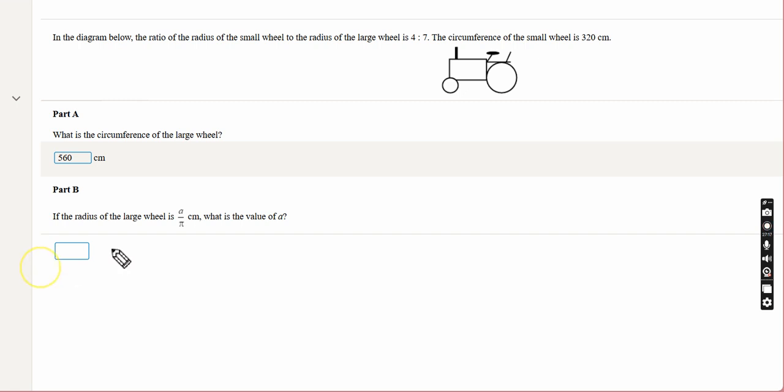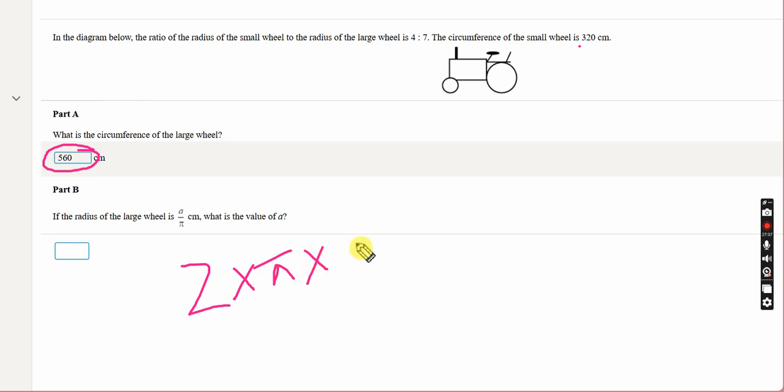The next one, let's understand. If the radius of the larger wheel is a over pi centimeters, what is the value of a? They gave you the circumference. They want to find out what a is, of the radius. What is the formula for circumference? 2 times pi times r.